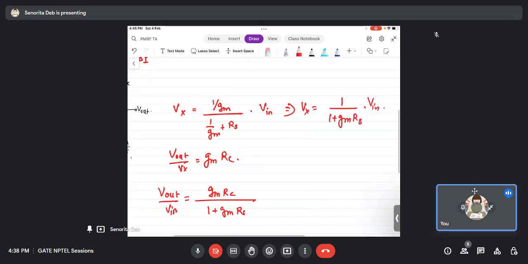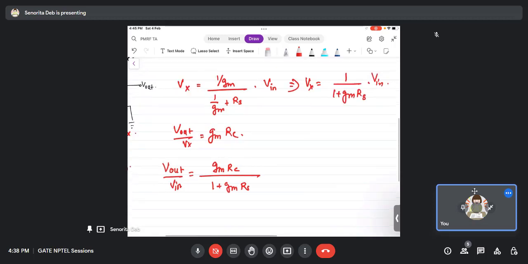This is an important conclusion: if the series resistance is present, then what we get in the voltage gain is a decreased version of the original voltage gain. If you remember the common emitter stage, there also the impedance is the one which used to come in the denominator, and here you see that Gm times Rc is no longer the voltage gain.